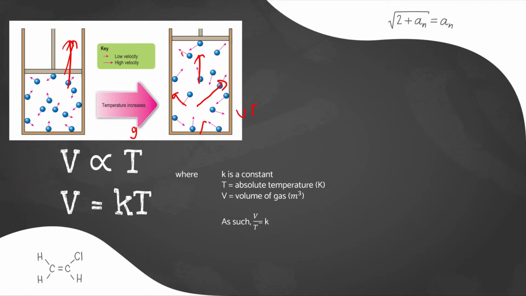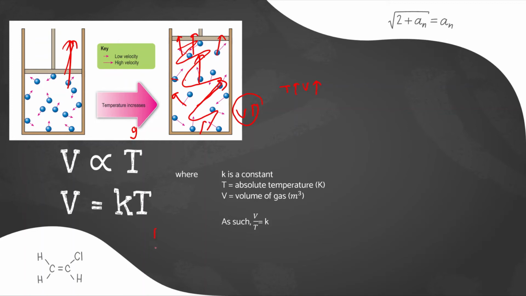Because the gas is fast and full of energy, it can push this piston upward. So that's why the volume indirectly increases. That is what happens when T increases, V also increases.